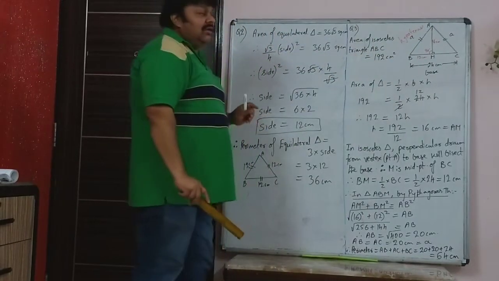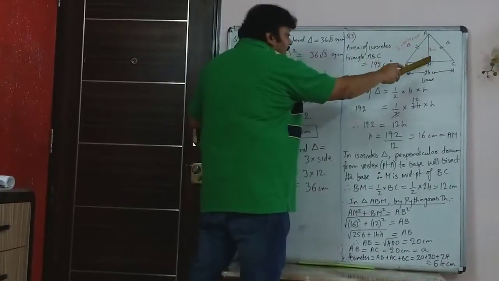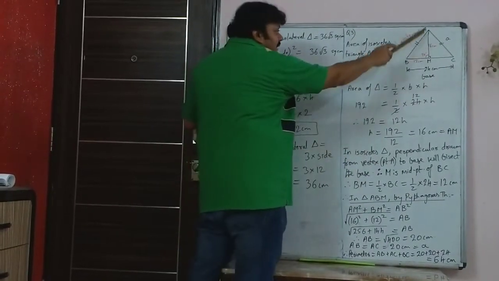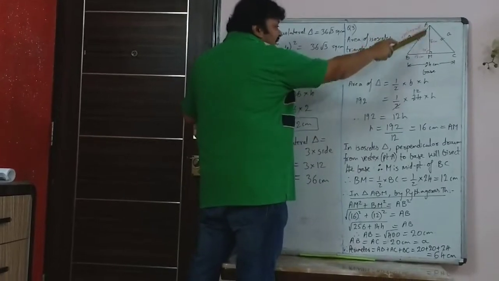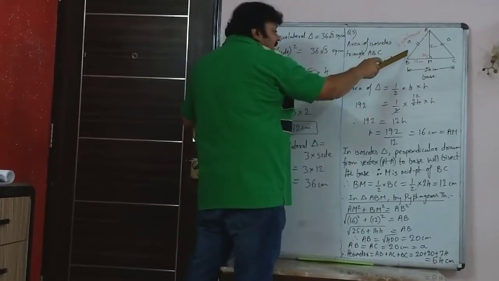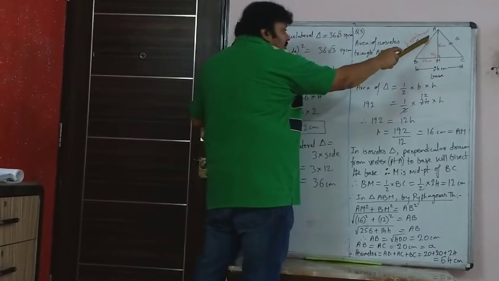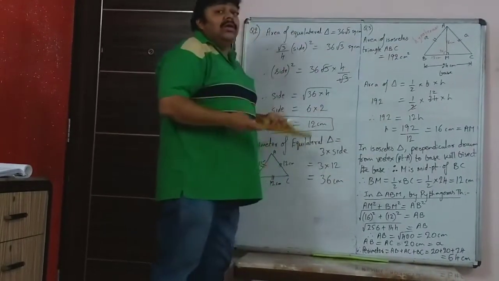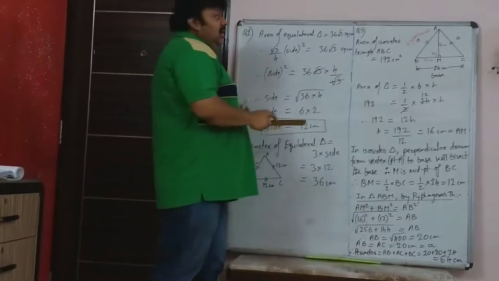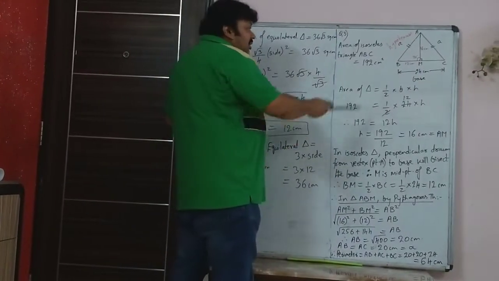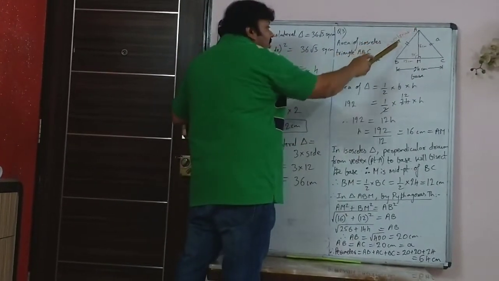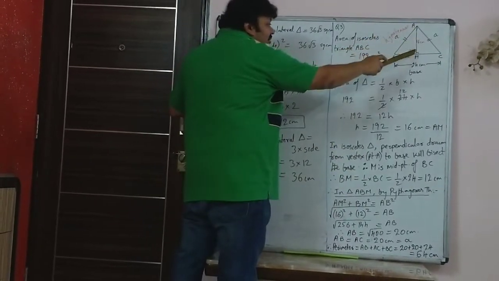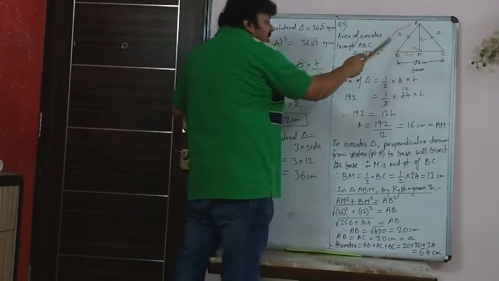In a right angle triangle, in this AMB is a right angle triangle and the right angle is angle AMB. So the side opposite the right angle, that is the side opposite 90 degree angle, that is side AB, will be the longest side. And your Pythagoras theorem is that the longest side, the whole squared, will be equal to the sum of the squares of the other two sides.